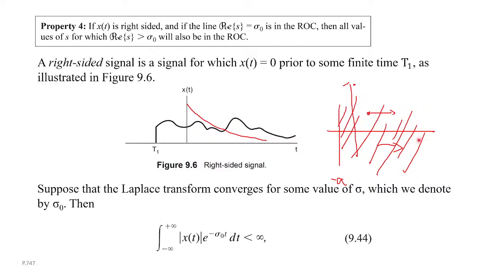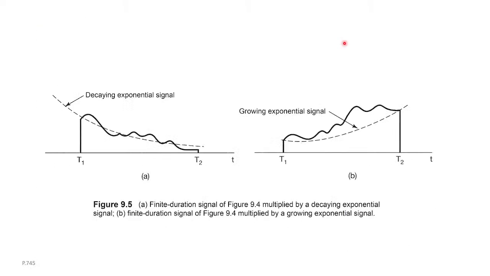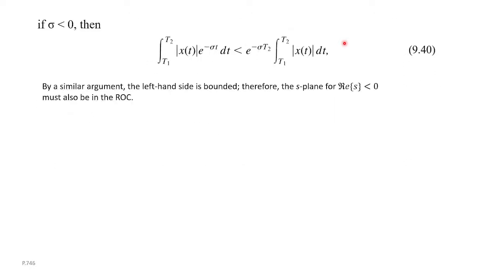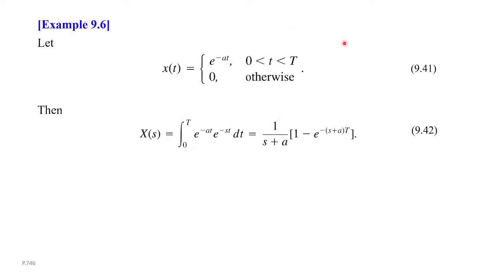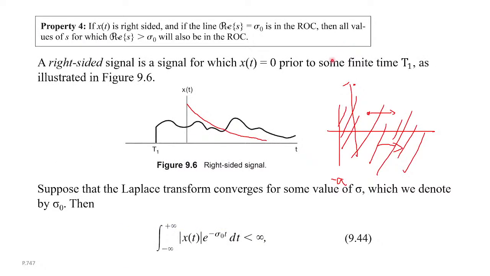You get a decaying exponential, decaying faster and faster, so it's going to be more and more convergent. That's property 4. In terms of words, it means that if some point is in the ROC, then every point to its right is also in the ROC.